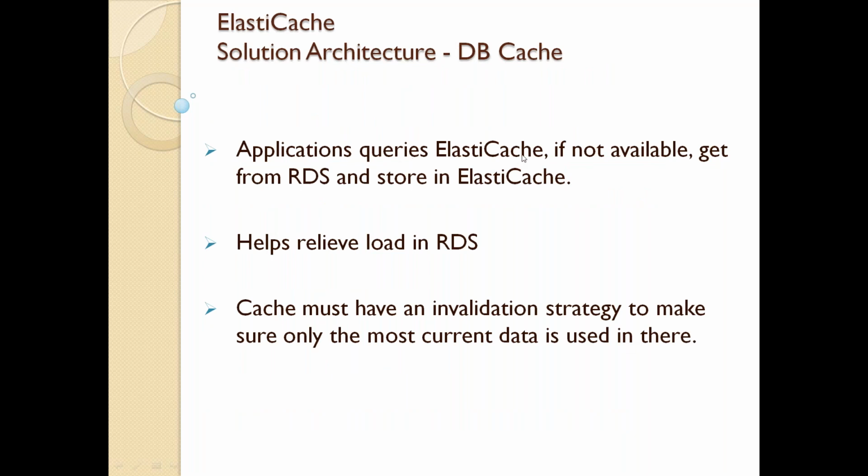So the application queries your ElastiCache first. If it is not available, it will get it from the RDS and then store the copy in ElastiCache. It helps relieve load on your RDS. A cache must have an invalidation strategy to make sure that only the most current data is used in the cache, right? So you need to have some kind of invalidation strategy.